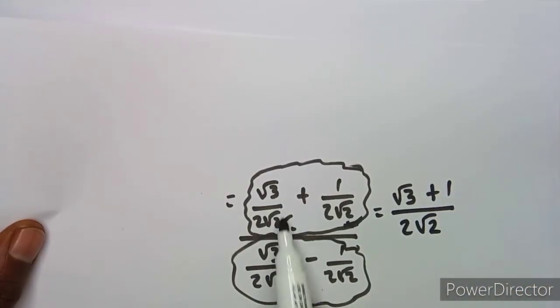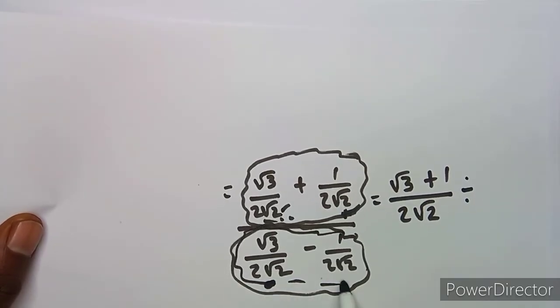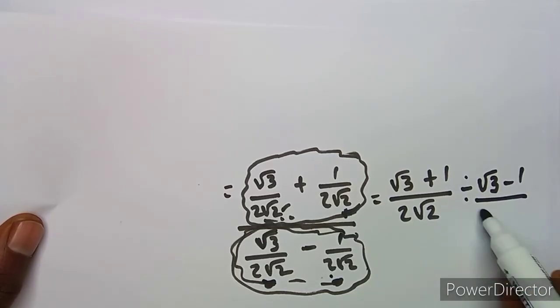And for the denominator here, you do the same because the denominators are the same. So you just subtract the numerators, square root of 3 minus 1. So it's going to be square root of 3 minus 1 over 2 square root of 2.